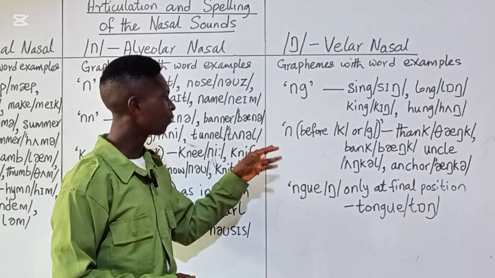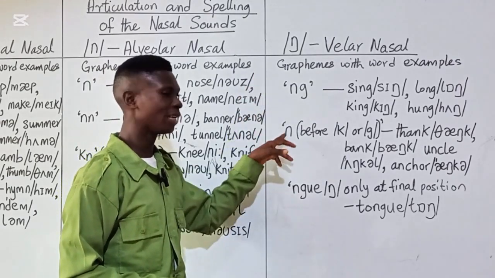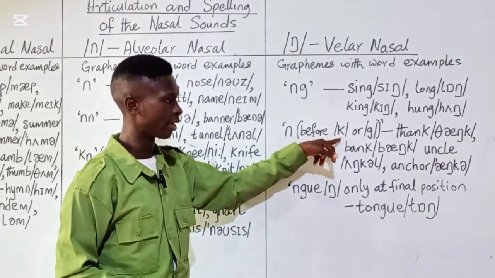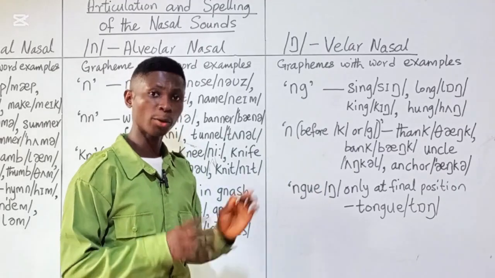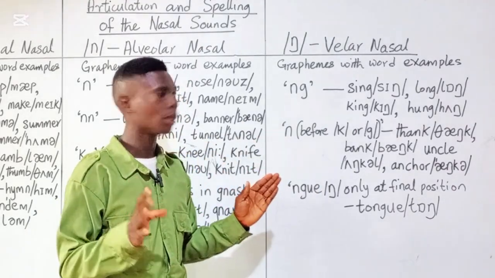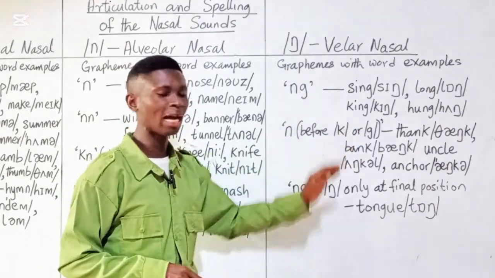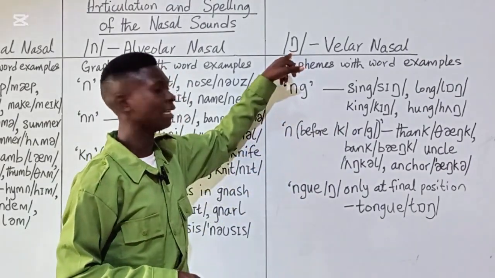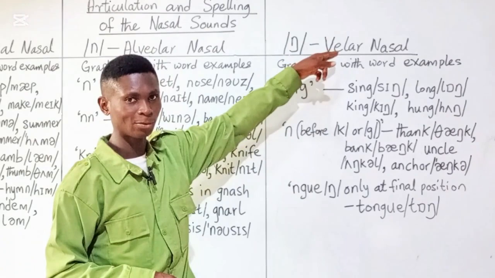Moreover, we can have the sound in place of letter N before K or G, in other words, before any velar sound. These two sounds are velar plosives, just like this one is velar nasal.